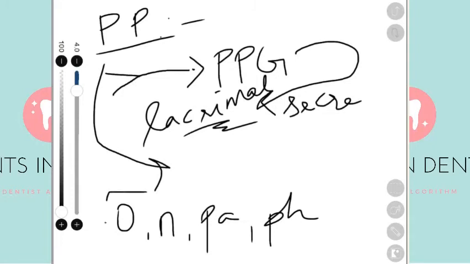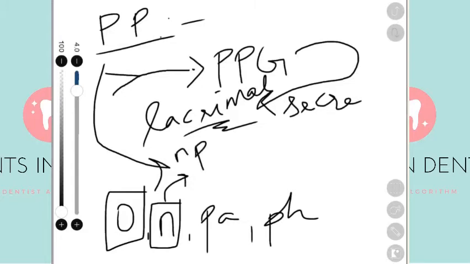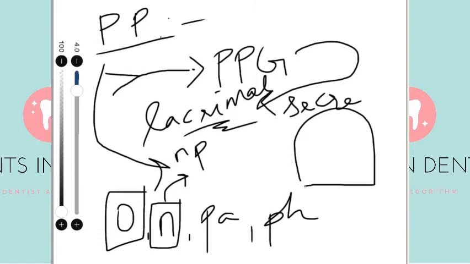The orbital branch supplies the periosteum of the orbit. The nasal branch supplies the posterior nasal septum, your lining mucosa of the posterior ethmoidal sinuses, middle and superior concha, and it gives off an important branch called the nasopalatine branch. Consider this as your hard palate.